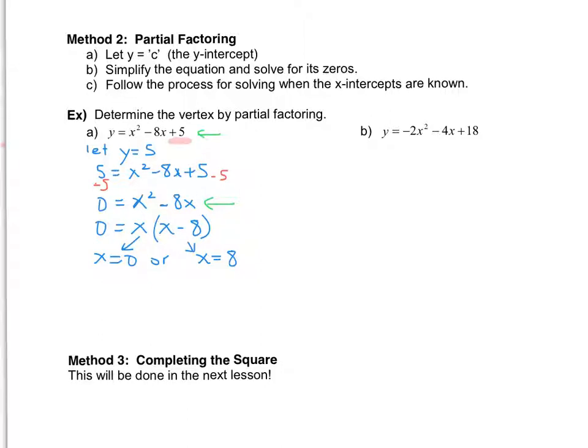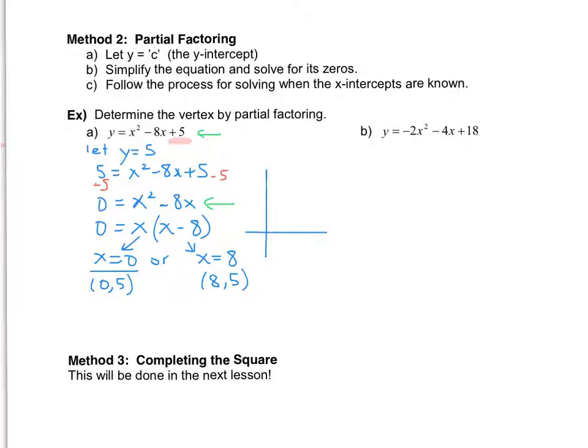Now, graphically, what this means is that my parabola has a y-intercept at 5, and that comes from this point right here. So (0, 5) is the y-intercept, or there's another point with the same y value at (8, 5). So if you stuck this parabola into Desmos to see what it graphs out to be, I'm going to try and sketch this really quickly here.